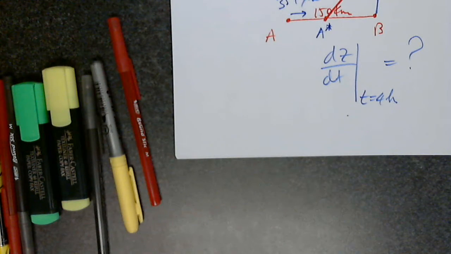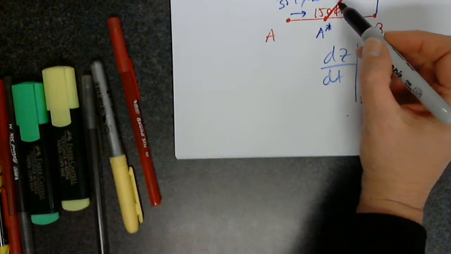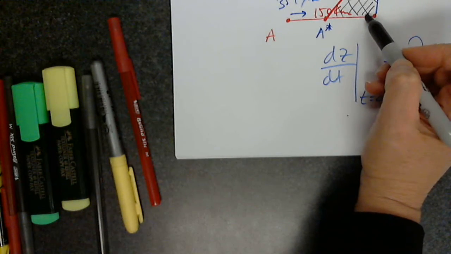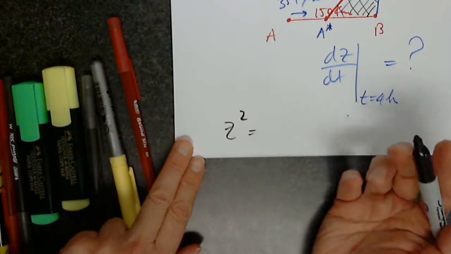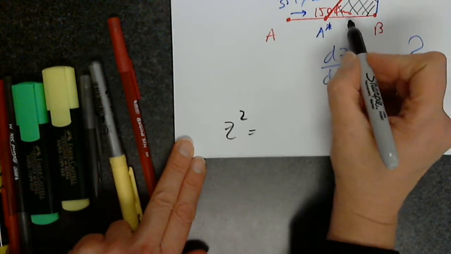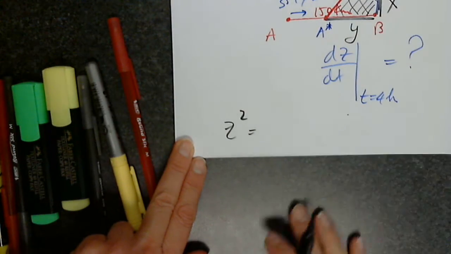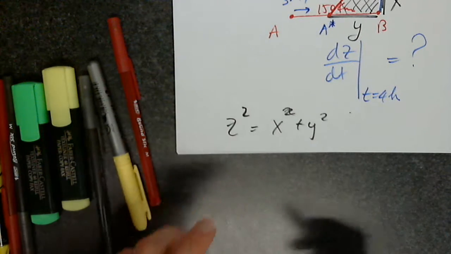Area of the triangle. I wouldn't go with the area, I will go with the Pythagorean Theorem. Oh, yeah. So I have Z squared equals, I'm going to call this distance Y and this distance X. So obviously it's X squared plus Y squared.